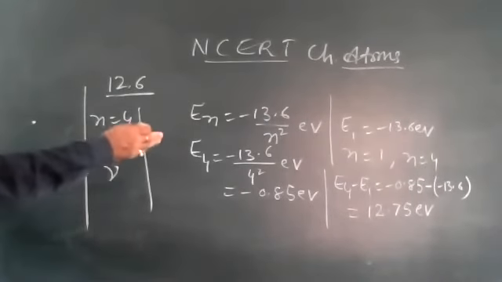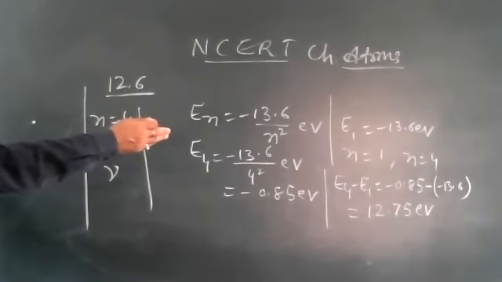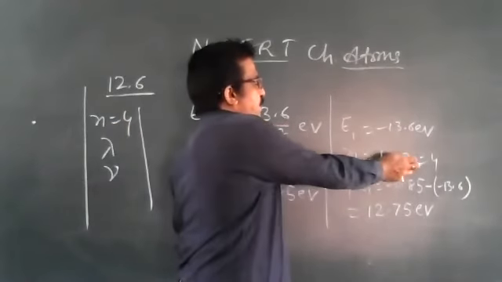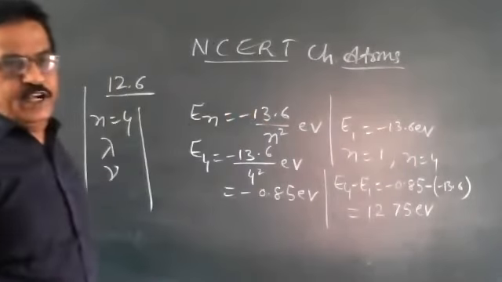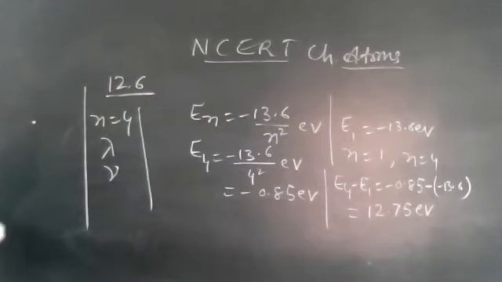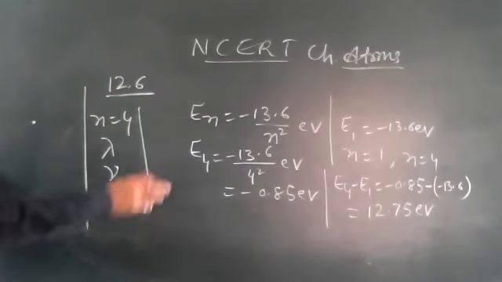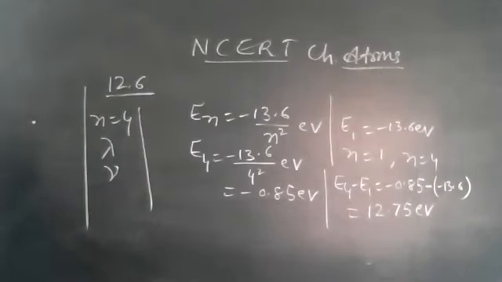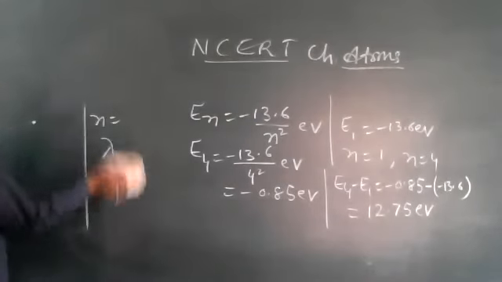So the hydrogen will go to n is equal to 4 from n is equal to 1, from here to here it is going, if the photon energy is 12.75 eV.